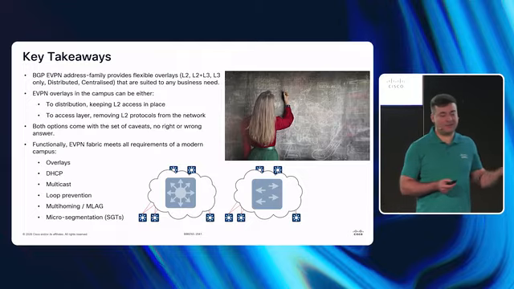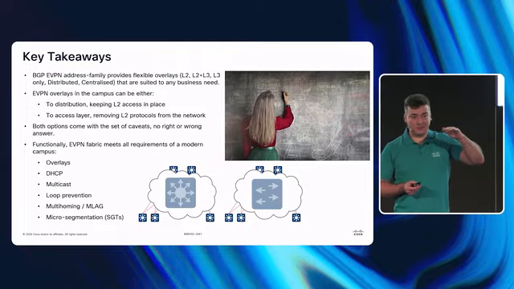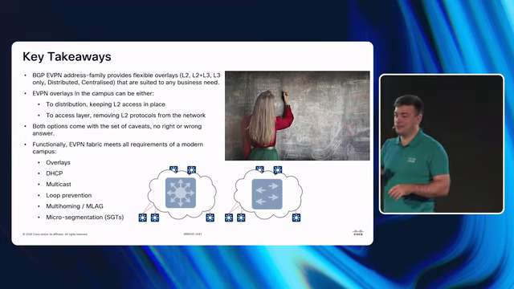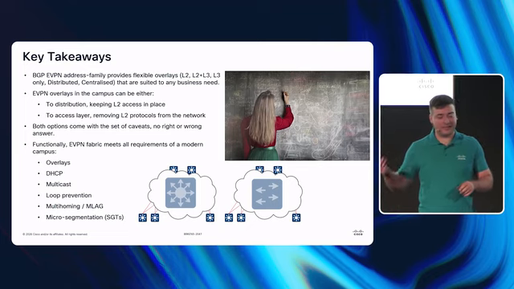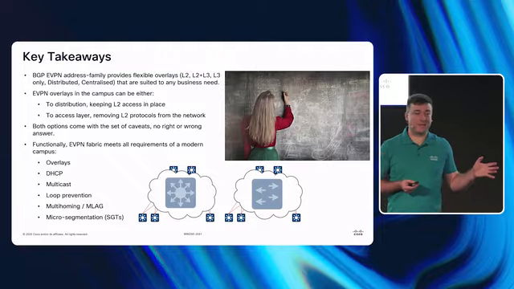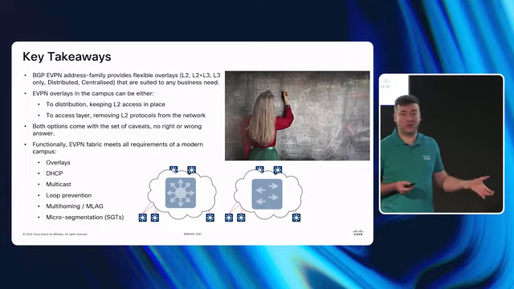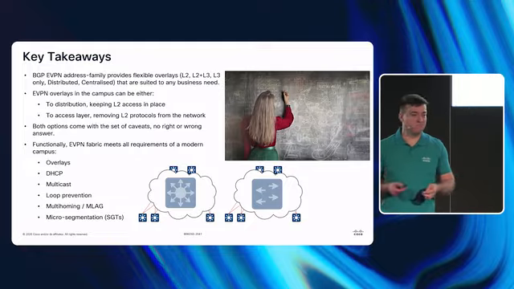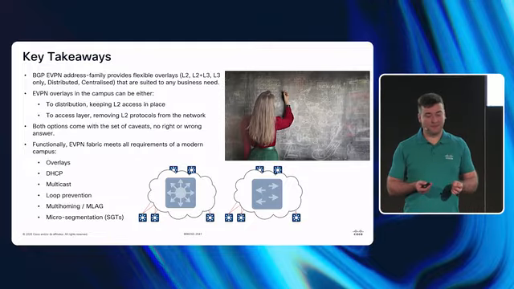EVPN overlays in a campus can extend to distribution with layer 2 access, or to the access layer, and then you need to think about your TCAM issues. Both options come with a set of caveats, no right or wrong answer, it all depends on your business requirements, available hardware, and design capability.